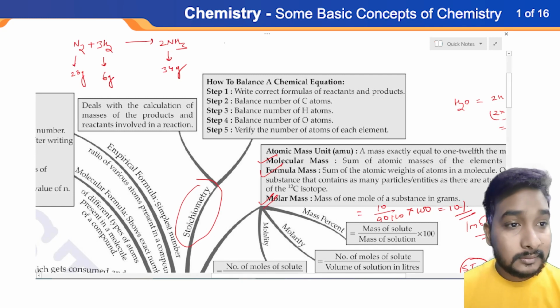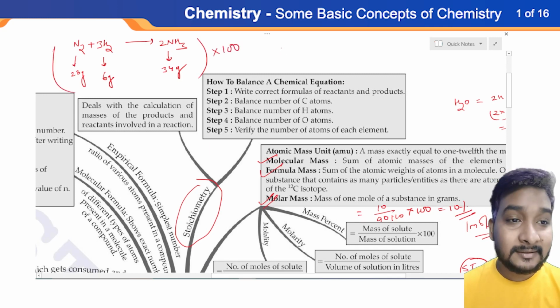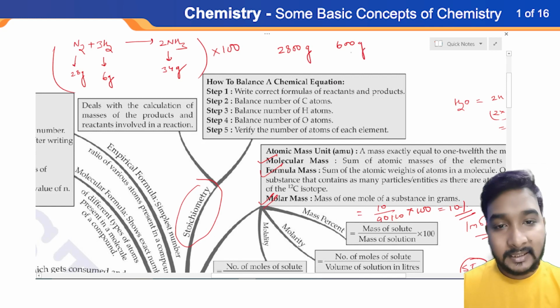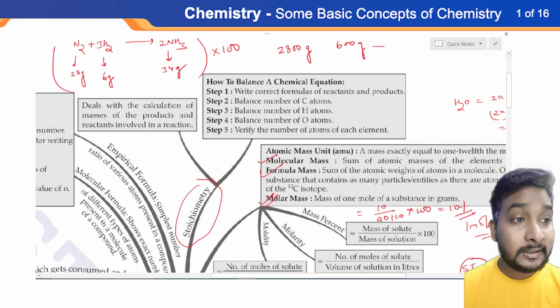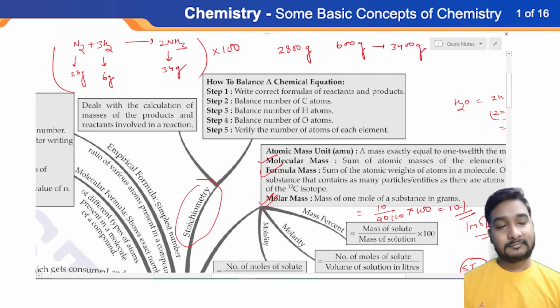Now, with the help of this knowledge, I can increase the production. How? If I multiply it by 100, I can say that 2800 gram of nitrogen is required to react with 600 gram of hydrogen. It will produce 3400 gram of what?